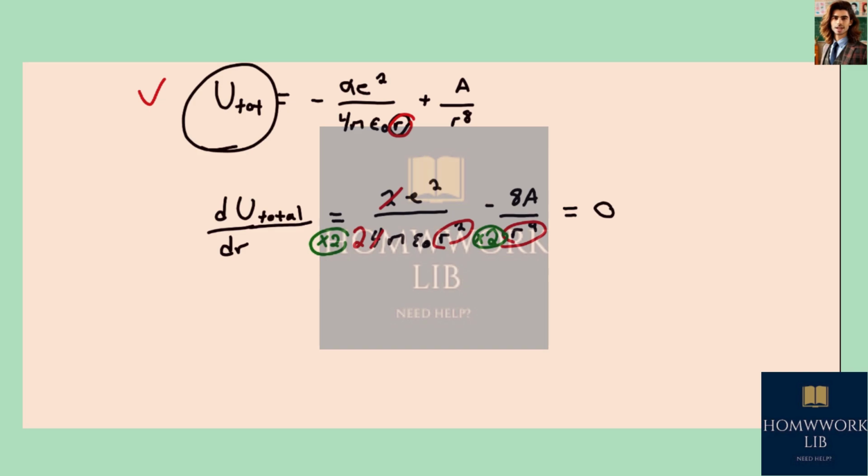so here we have 4 pi epsilon naught R to the 9th, because we also see that this has R to the 9th.